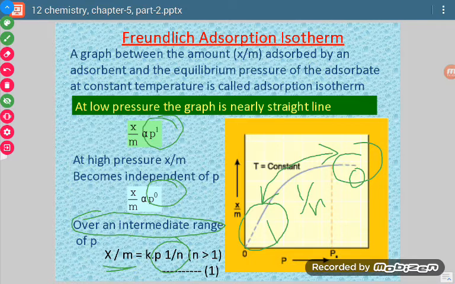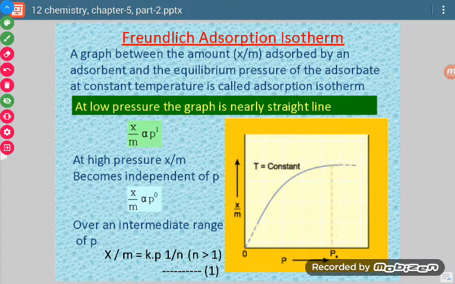This equation, x by m is equal to k p raised to power 1 by n, is the Freundlich adsorption isotherm. Let us give it equation number 1.